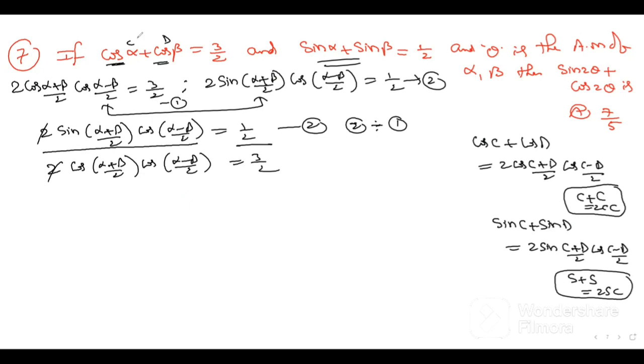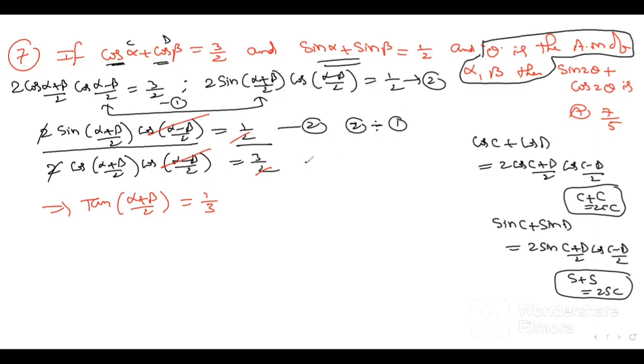Here the 2 and the cos of (alpha minus beta) by 2 cancel. What do we get here? Tan of (alpha plus beta) by 2 is equal to 1 by 3. But here one condition is given: theta is the arithmetic mean of alpha and beta.